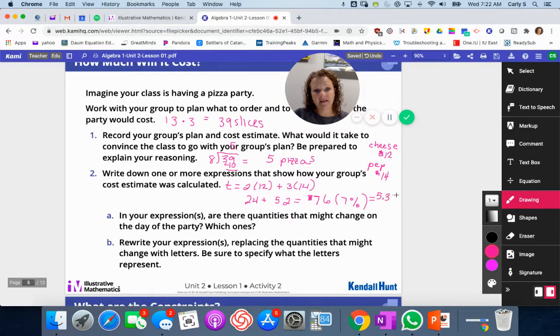Add that back: $81.32. That's how much I've spent so far. So let's just say the cost is about $82.